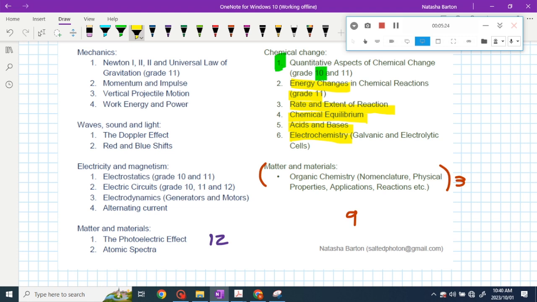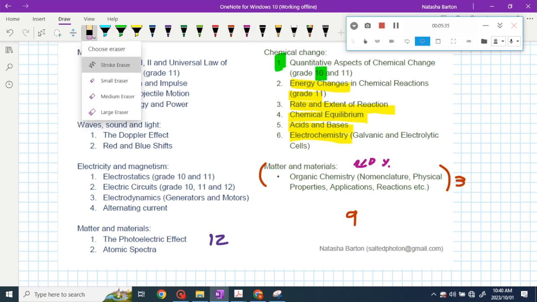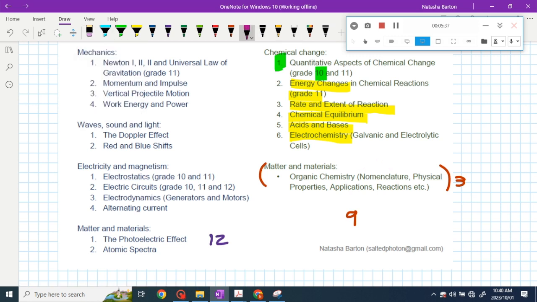If you are trying to get a 40% for your paper 2 exam, you can get a 40% by just knowing, oh, that's a bad 40, by just knowing everything on organic chemistry. Okay, this is 40% of this year's paper. The other 60% is all of this at the top.